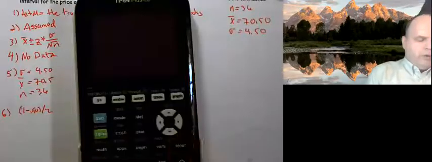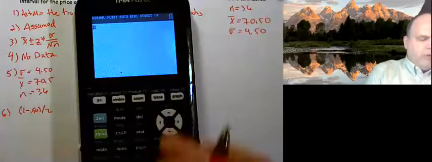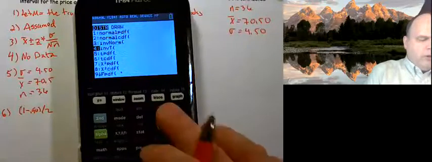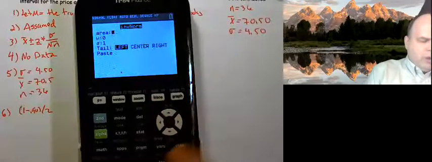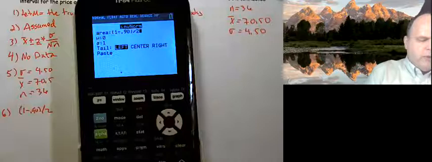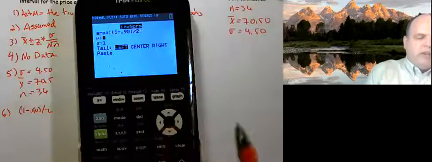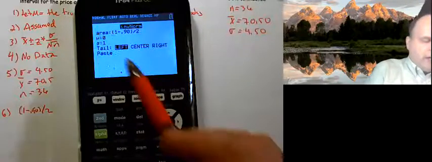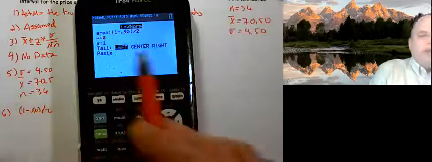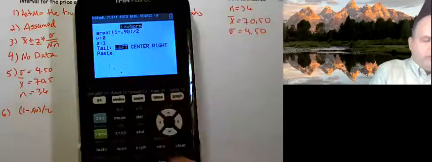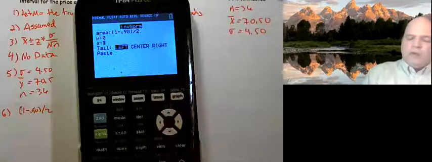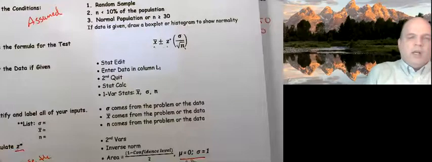You're going to go to second vars, inverse norm, parenthesis, 1 minus 0.90, close parenthesis, divided by 2. Our mean is not the sample mean because we're calculating a Z star. Because we're calculating a Z star, mean is 0, standard deviation of 1. In case you forget, it's posted right there on the directions.